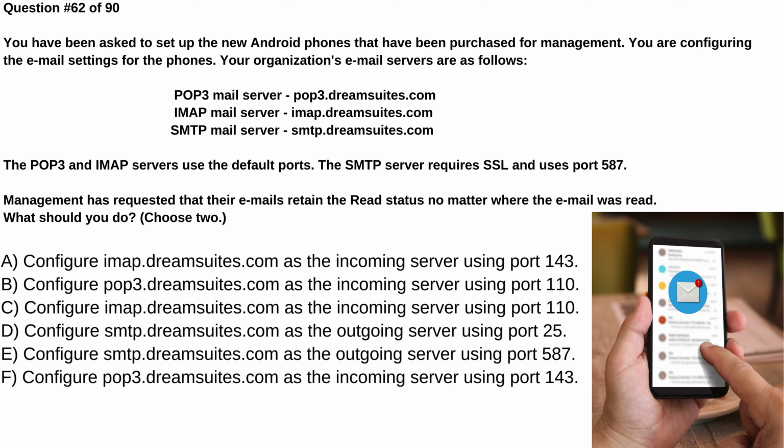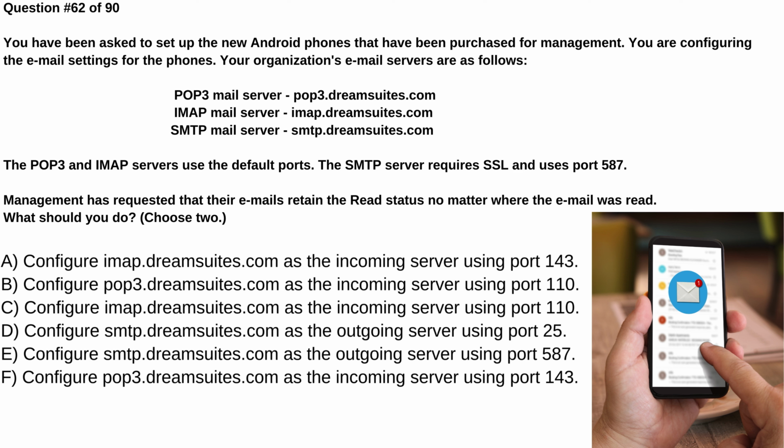Is the answer A, configure imap.dreamsuites.com as the incoming server using port 143? Is the answer B, configure pop3.dreamsuites.com as the incoming server using port 110? Is the answer C, configure imap.dreamsuites.com as the incoming server using port 110? Is the answer D, configure smtp.dreamsuites.com as the outgoing server using port 25?